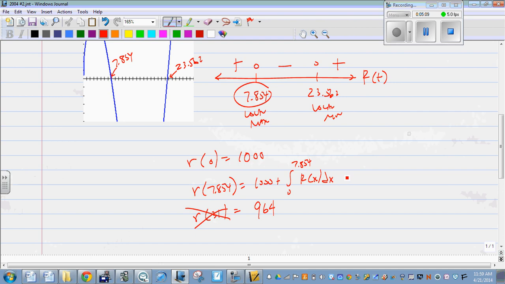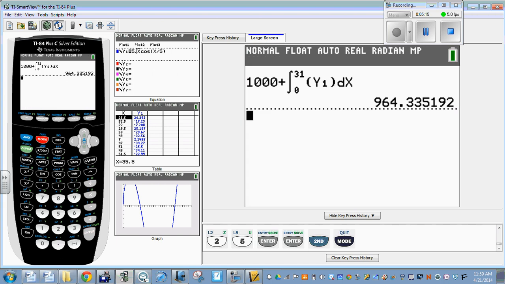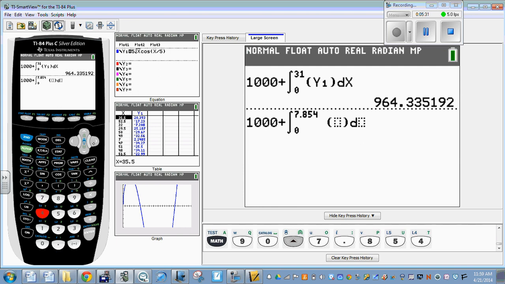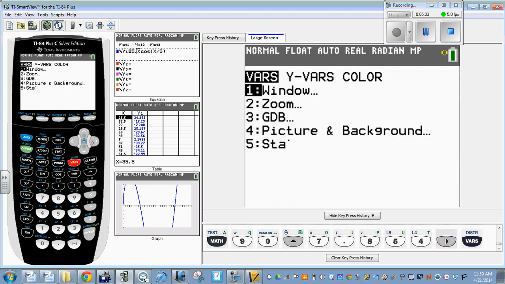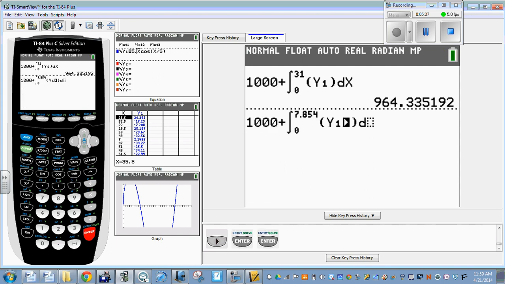So let's figure this one out. We're going to do 1,000 plus that definite integral, so math 9, from 0 to 7.854 of y sub 1, from the Y-VARS function, y sub 1, in terms of x.